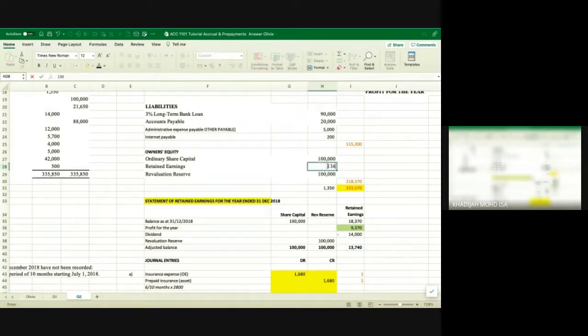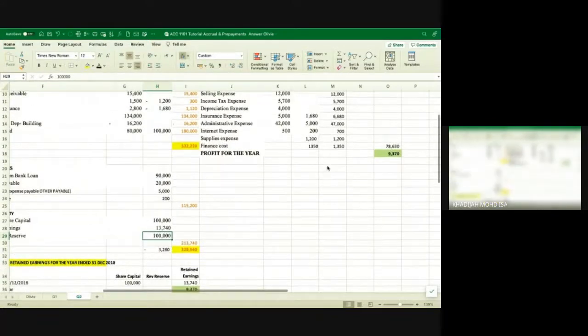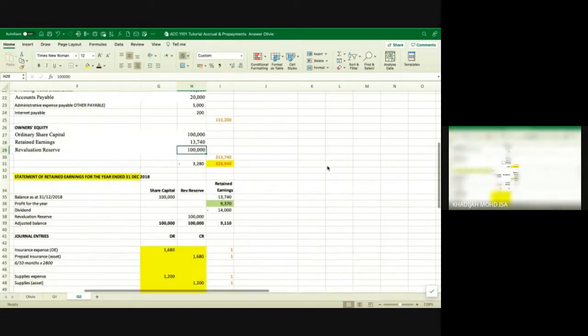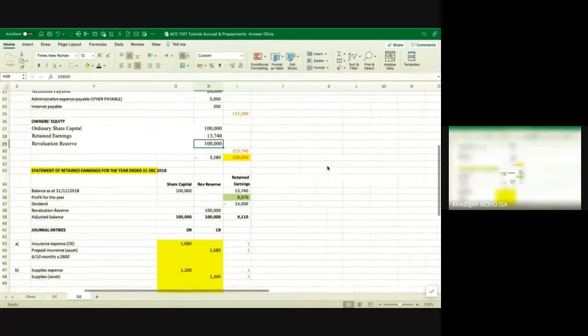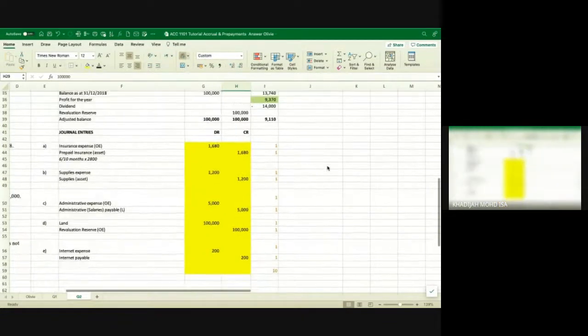That is what I don't like. Still not right. How? 3280. Just now it was nicely 1350, right? Do we have any finance cost 1350?